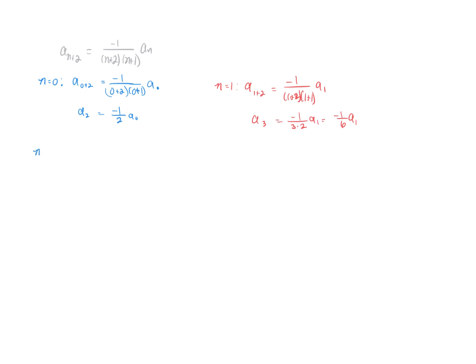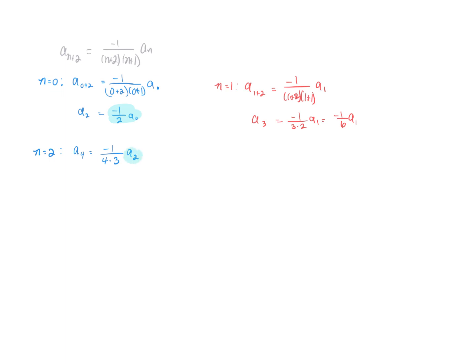Now let's find this for n equals 2. This time I'm not going to write out all the substitution of putting in 2 for n. We'll have a sub 2 plus 2 is 4 equals negative 1 over 2 plus 2 is 4 times 2 plus 1 is 3, a sub 2. And now remember, a sub 2 is negative 1/2 a naught.